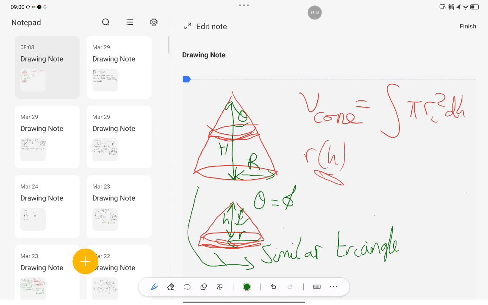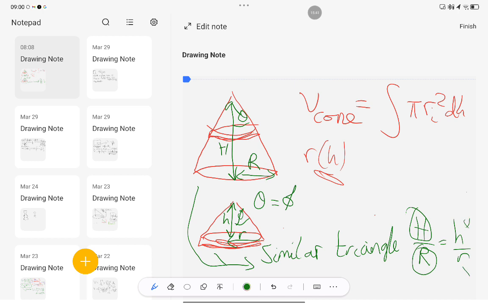So essentially, the ratio of the vertical height to the horizontal distance is the same in both diagrams. And the key thing is, for our whole cone, capital H and capital R are fixed. They're referring to the cone as a whole. They don't depend on the segment we're talking about.